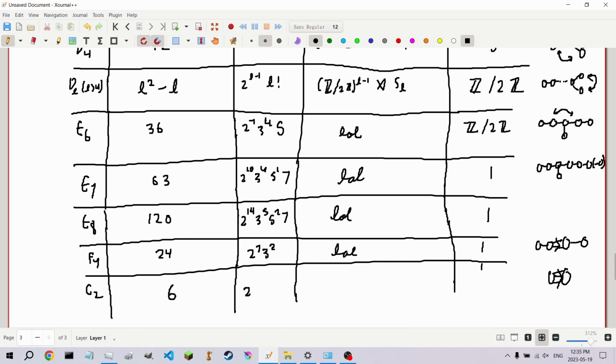It has 2 squared times 3 elements in its Weyl group, which is D12 or D6, depending on how you write it. For the purpose of this diagram, I'll write Z over 3Z, I believe semi-direct product with Z over 2Z. You know what, that's confusing. I'll just write out the dihedral group of order 12.